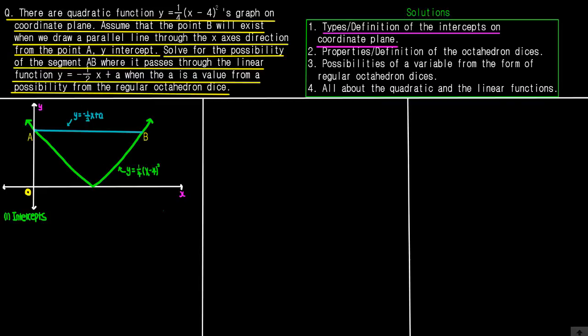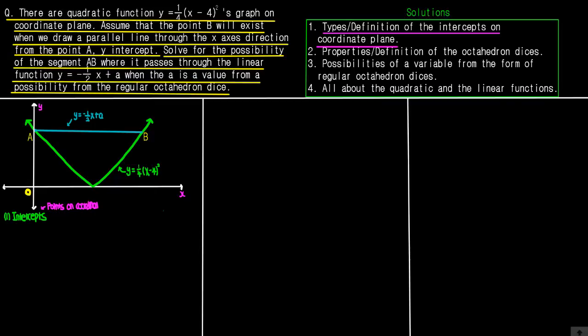As we have talked about intercepts in a lot of videos, an intercept is the same thing as a point, but it's a point on the coordinate plane.